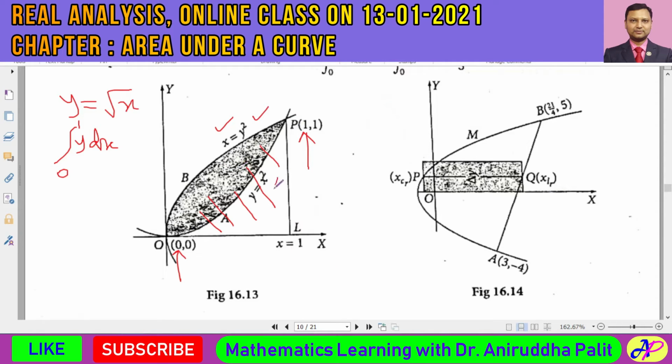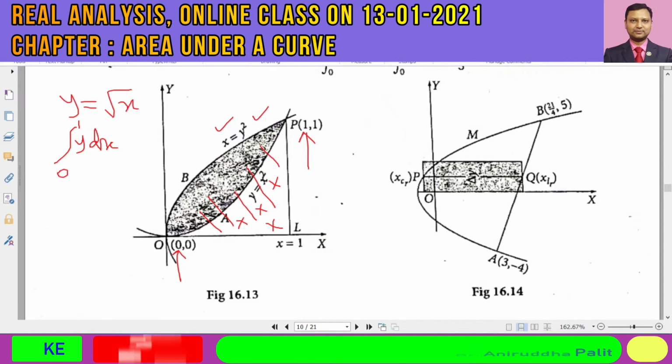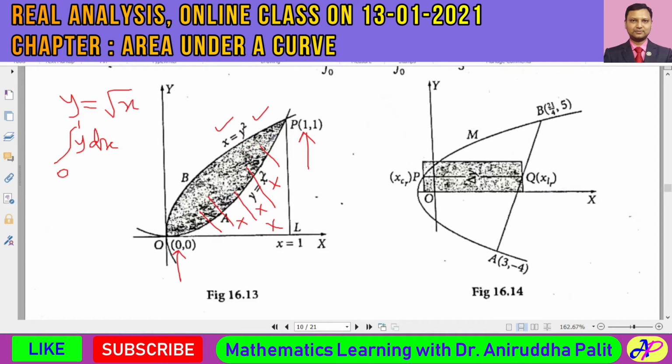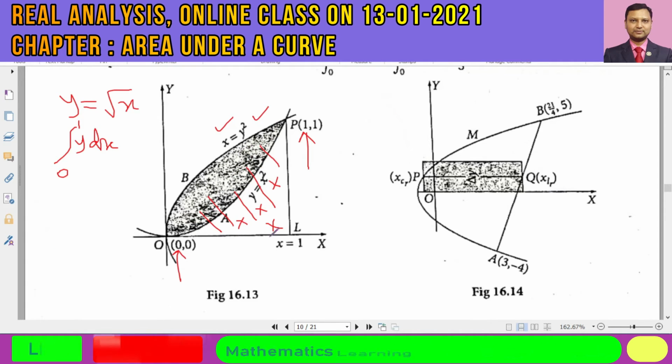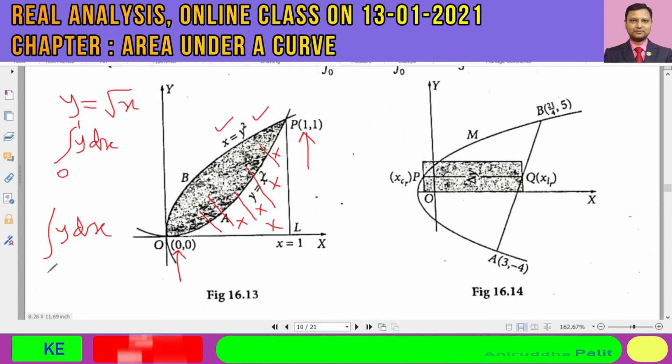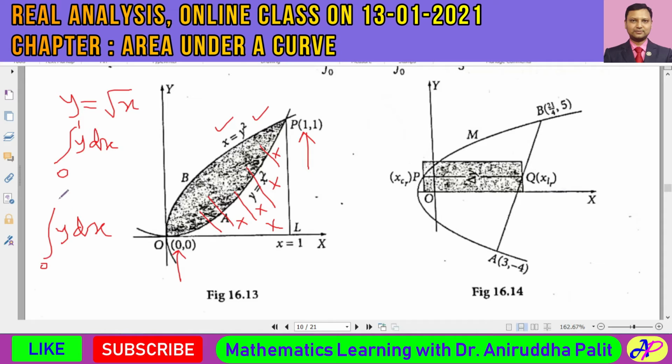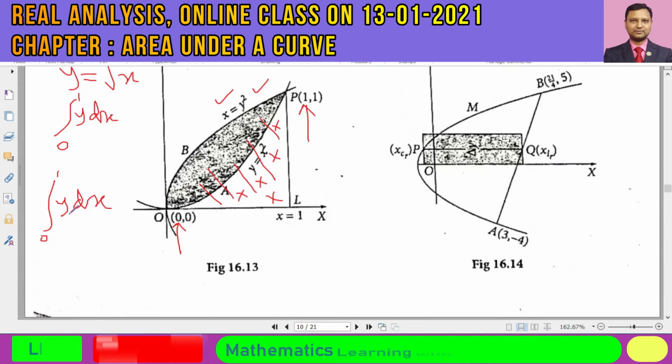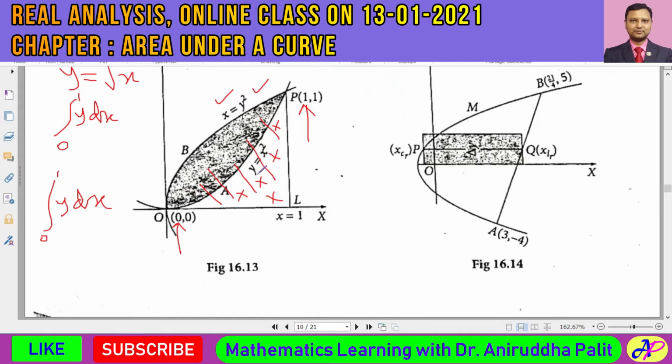Now, from this upper curve's area, you will have to delete the area under this lower curve. Got it? Then only you will be able to get the area of this shaded region. That means the area under this lower curve is to be removed. So the lower curve is the integral of y dx, with limits 0 to 1, and what is y over here? y is equal to x square.